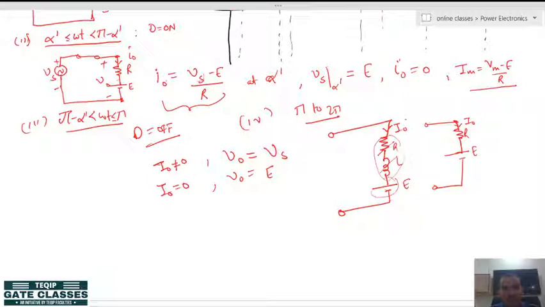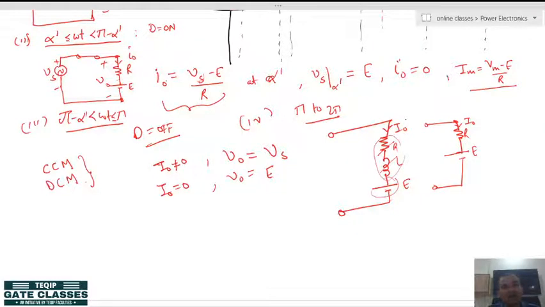But you have to be very careful with this: whenever load current is not present, output voltage is equal to E, but whenever the load current is present, output voltage equals the source voltage. If I give you a glance of future circuits, those modes are known as continuous current mode and discontinuous current mode.